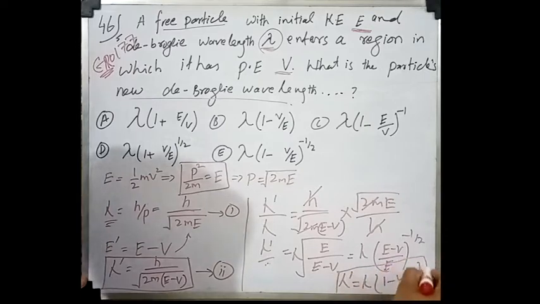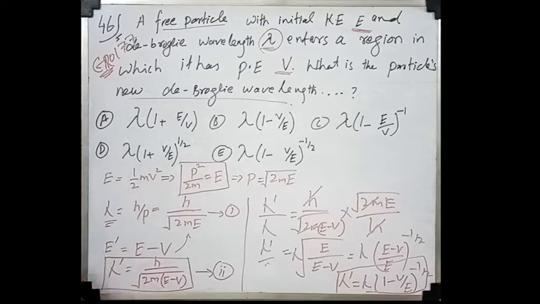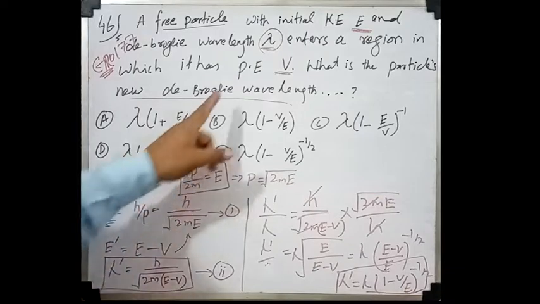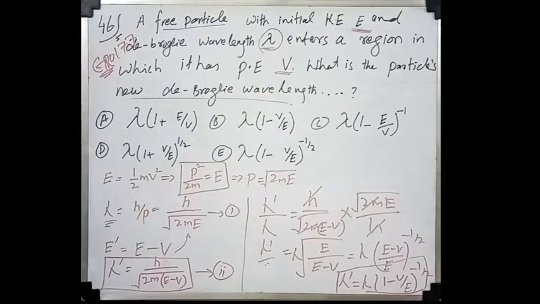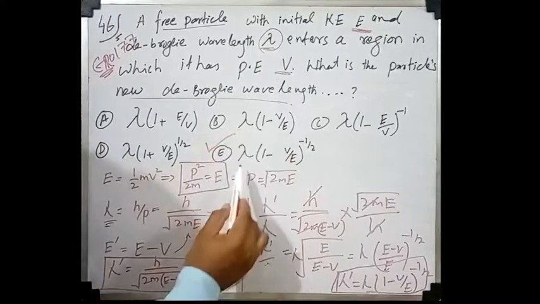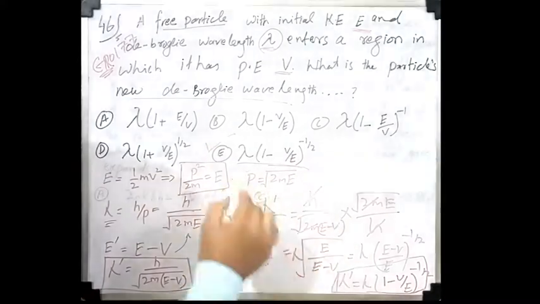This will be our new wavelength when this particle enters a region where there is a potential energy V. So the wavelength will change: lambda prime equals the old wavelength multiplied by this term. So E is the right option which matches this calculation.